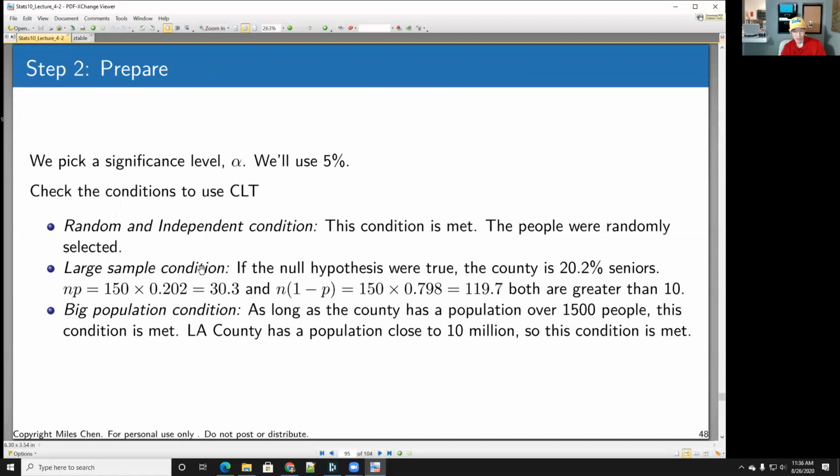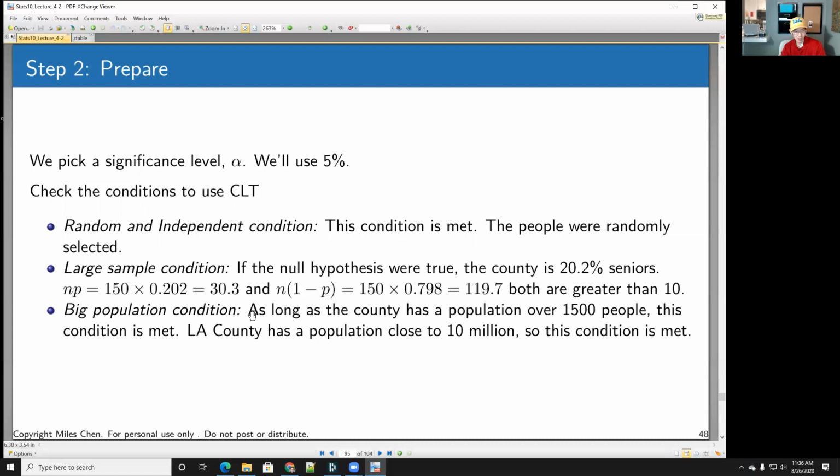If the null hypothesis were true, P is 0.202 and we took a sample of 150. So 150 times 0.202 is 30.3, and 150 times 1 minus P, so 0.798, is about 119.7. Both of these numbers are bigger than 10, so we're fine.